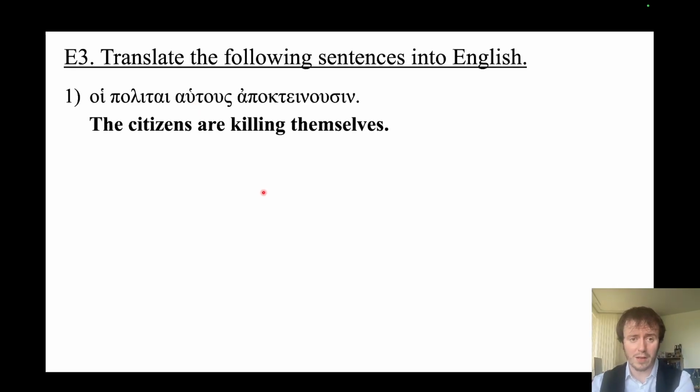Whereas in that previous example with ἑαυτους, it's reflexive, referring back to the citizens. So in this example, the citizens are killing themselves, whereas in the second sentence, the citizens are killing them, some other people that we don't know in particular. In the context, we would know, it's probably just mentioned who the citizens are killing. But in isolation, in the absence of any context, we just know it's them. We know it's a group of people.